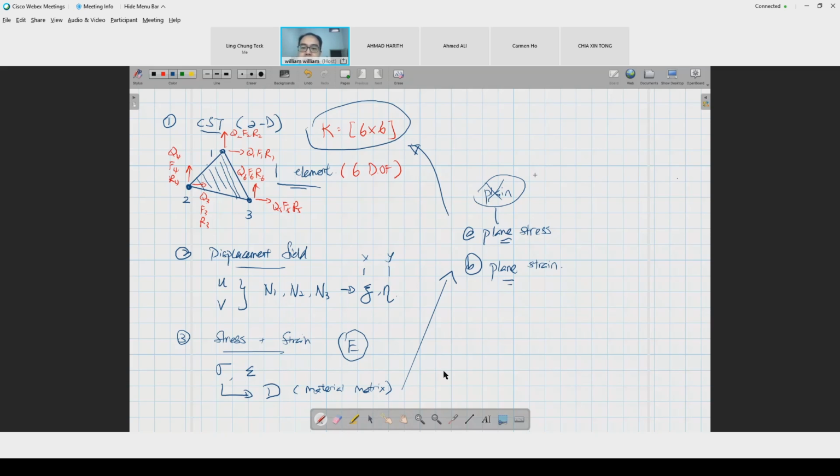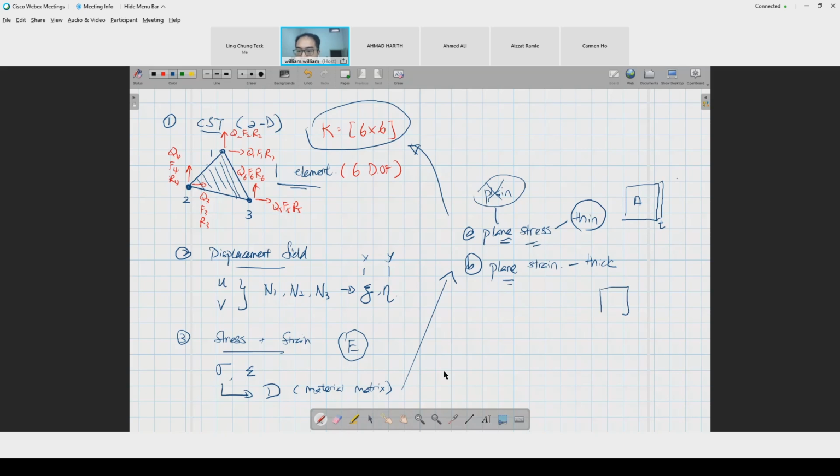So the first assumption, you need to get it right, plane stress or plane strain. The easiest way to identify is that one is basically for shells or very thin plates. One is for very thick conditions. So this is very thin, for plane stress; this is very thick. If you have a surface, this is our thickness, and this is the area. If the thickness is extremely small compared to the area, it's very thin, then you will have the plane stress condition.